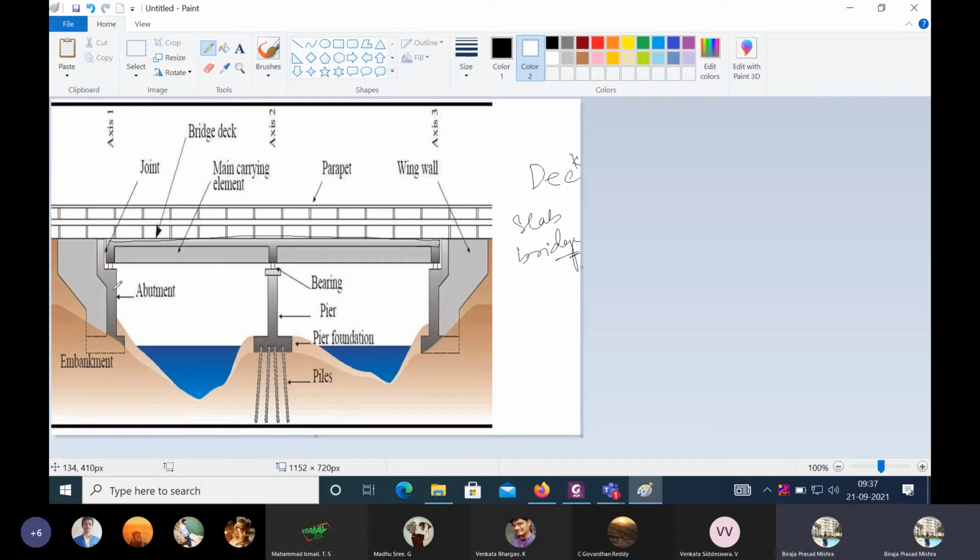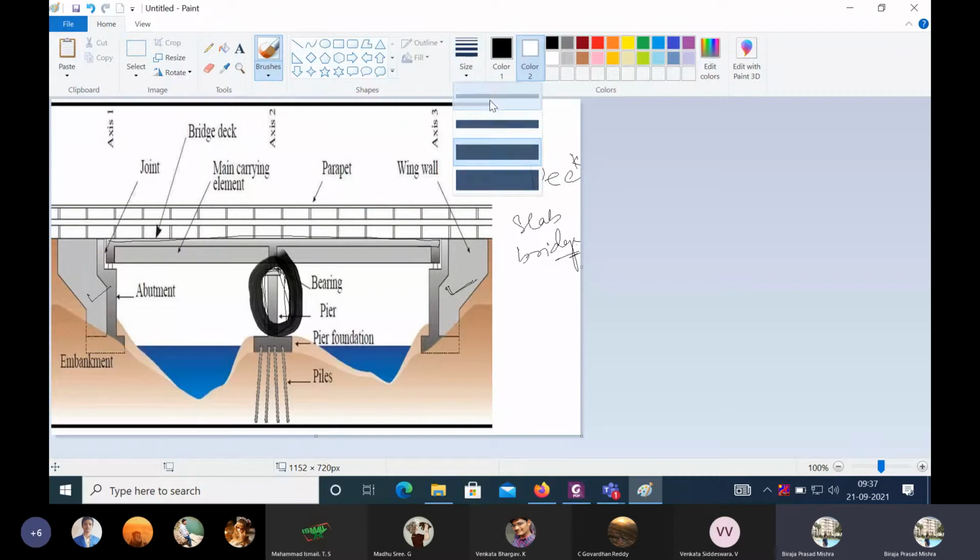Basically, here we have one abutment, here we have another abutment, and this center one is called the pier. These are the piers, these are the abutments.